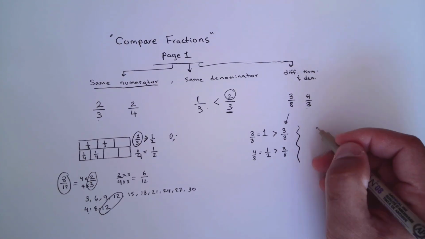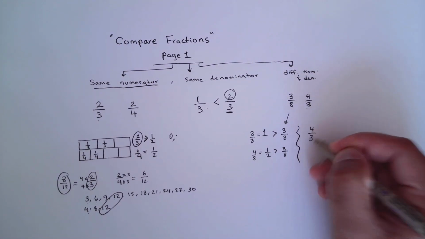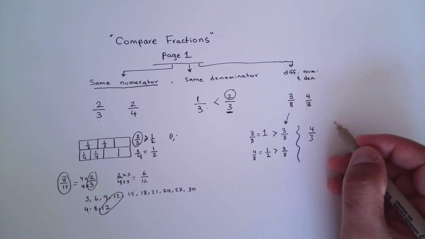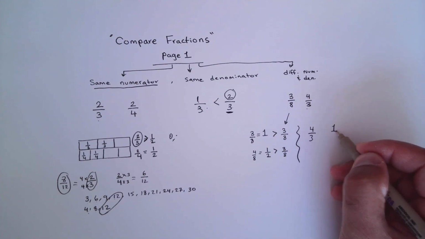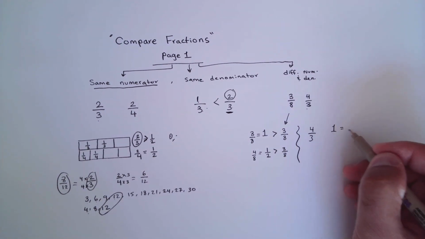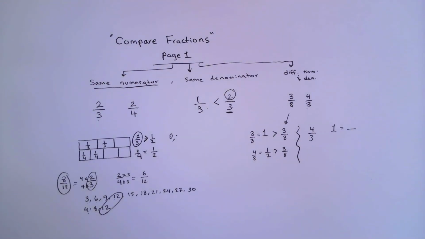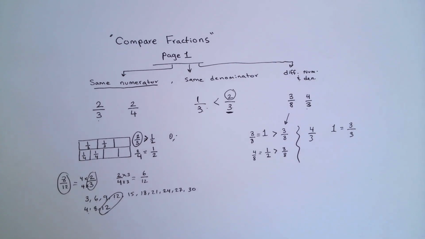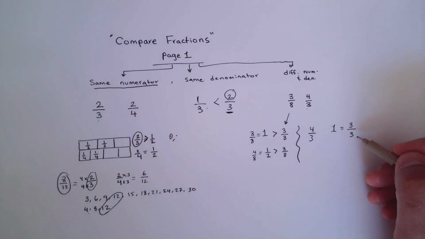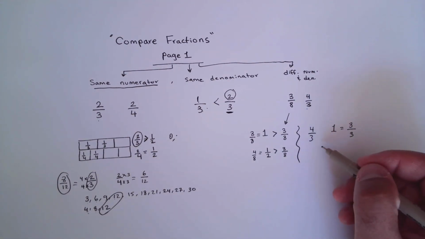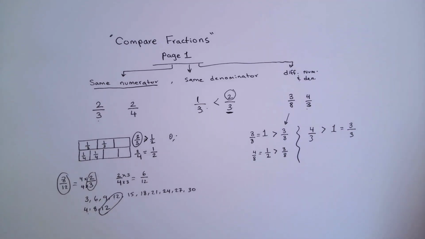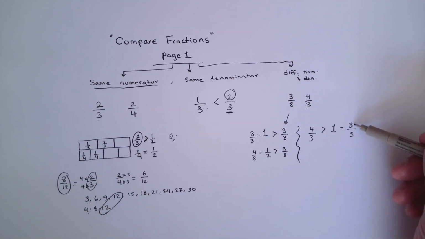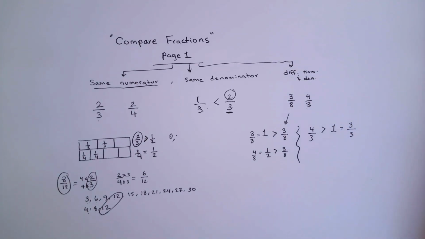Same thing if we do with 4/3. If we use the benchmark, if we want to get a whole, and we have 3 parts, that means we would have all the pieces available, so that would be 3/3. If we have 4/3, that means 4/3 is more than a whole, because you need 3 pieces of 3 parts to get a whole complete set.